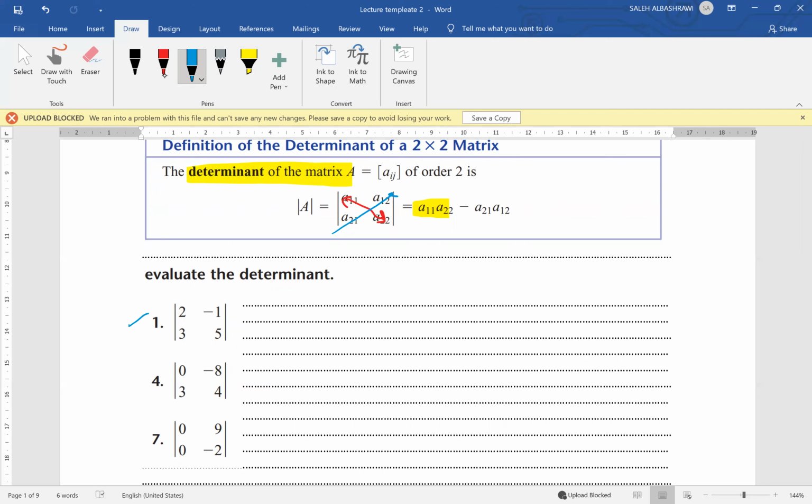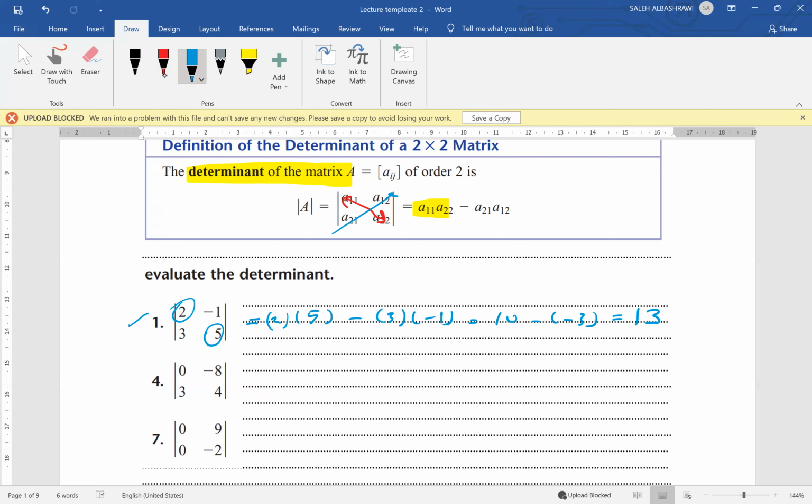Now the determinant will be equal to the main diagonal, 2 multiplied by 5, minus the off diagonal, which is 3 times minus 1. That will give me 10 minus a minus 3, which is minus with minus is a plus. So I will have 13. Now the determinant for this matrix is equal to 13.